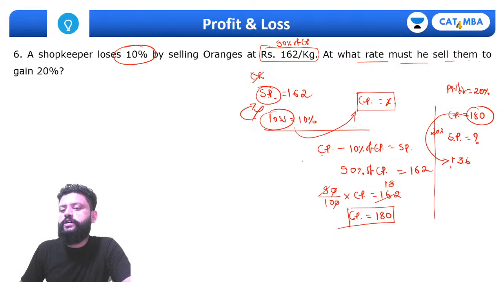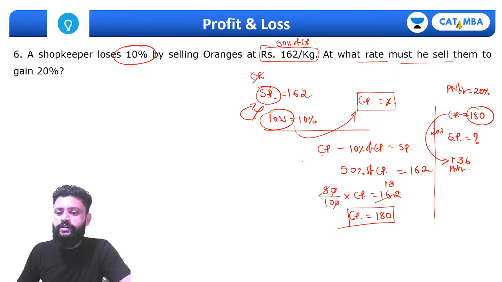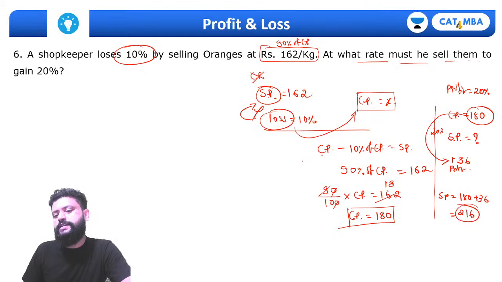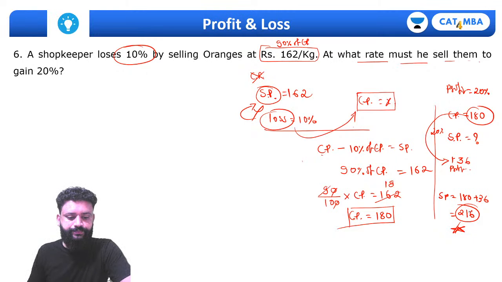So there must be a profit of 36 rupees so that he gains 20%. The new selling price must be 180 plus 36. The final answer will be 216. Hopefully you understood this. A typical question from profit and loss. Is there any doubt up till now?